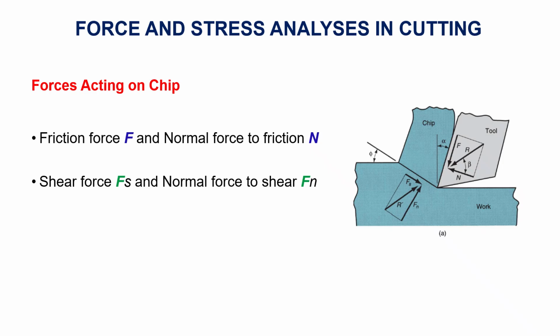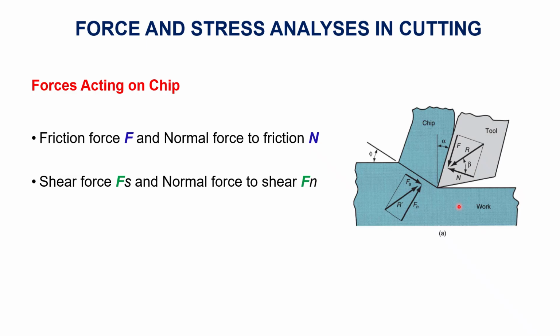So let's have a look at the force and stress analysis in the cutting operation. From the photo you can see in front of you, we are going to have different types of forces acting on the chip during the cutting operation. These include the thrust force, the friction force, and the shear force.